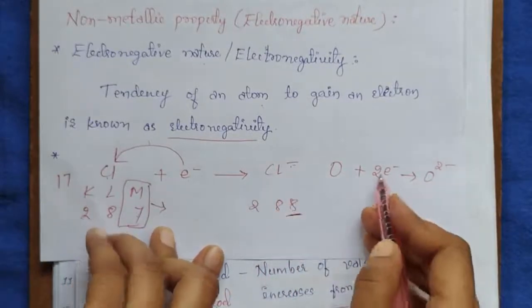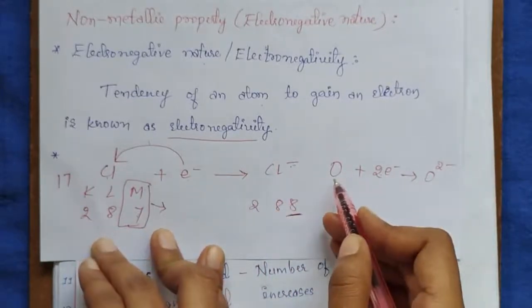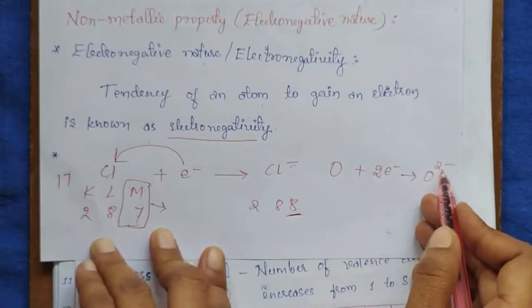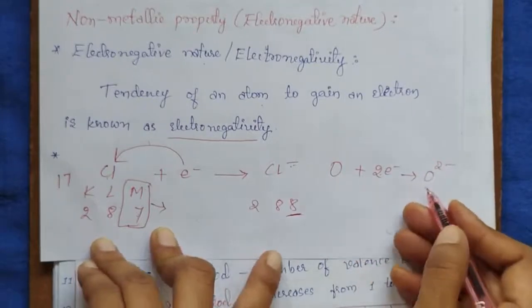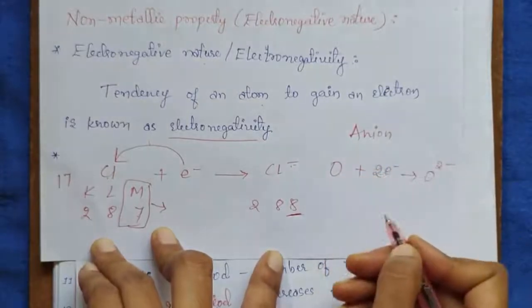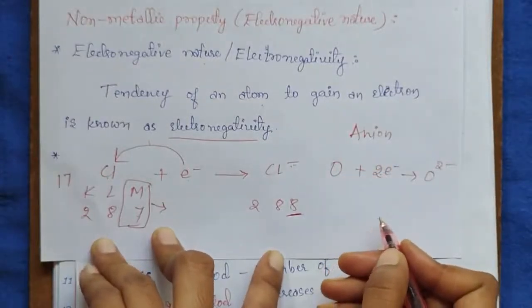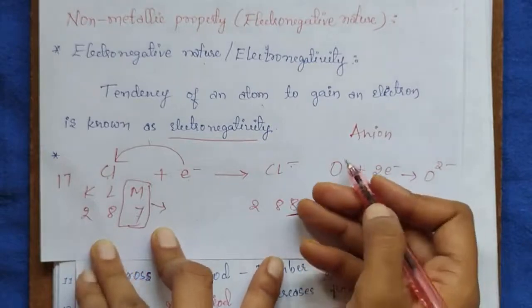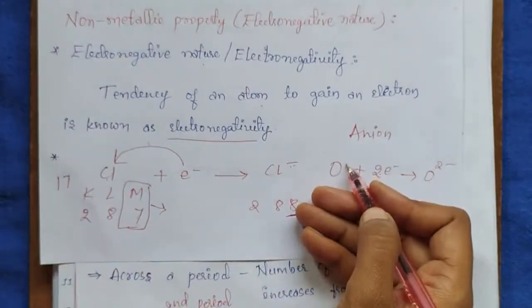On gaining 2 electrons, the neutral atom will have 2 negative charges. Negatively charged ions, or anions, are formed when a neutral atom gains electrons. But cations are formed when a neutral atom loses an electron.